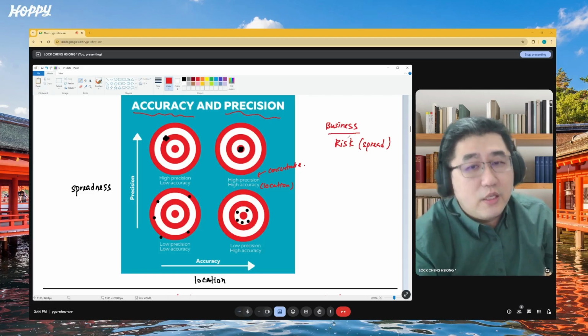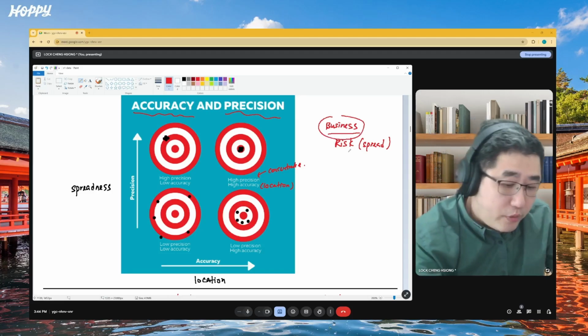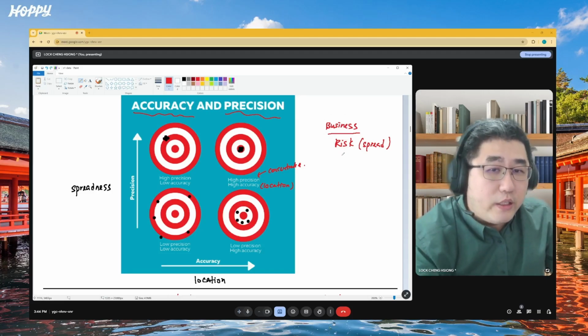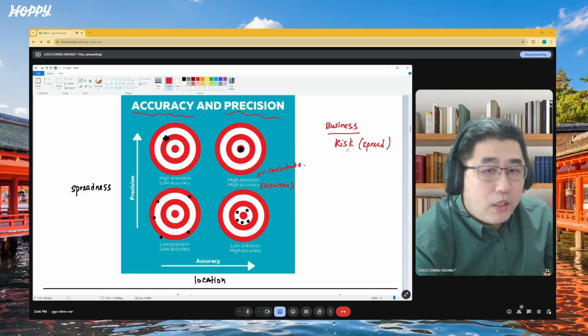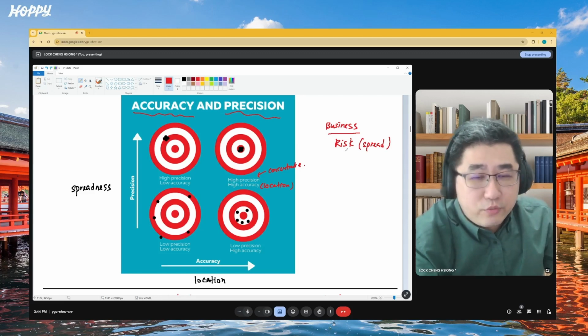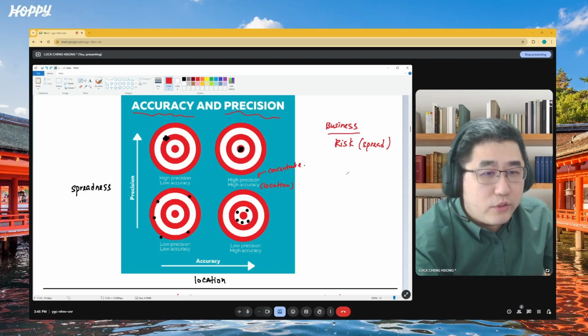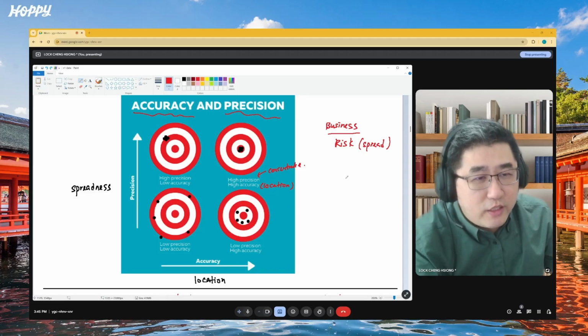Of course, in business we also talk about the human factor, whether an investor can accept high risk for high return. Low risk, low return. Nobody goes for high risk, low return, while low risk, high return is definitely ideal.